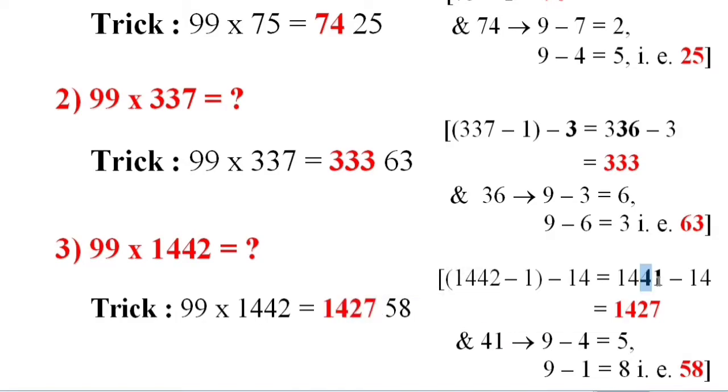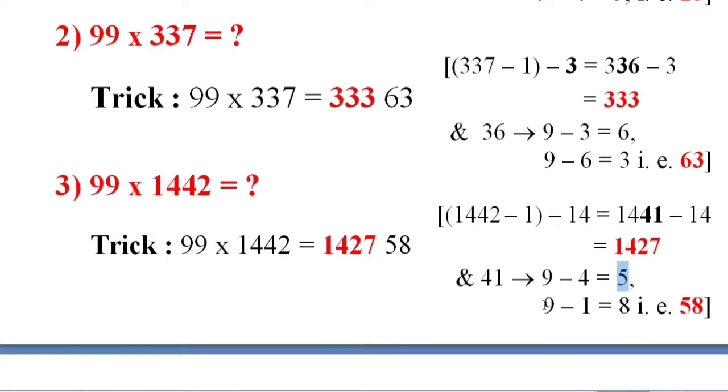This 41: 9 minus 4, this 4, equals 5, and 9 minus 1, this 1, equals 8. That is 58. Write down 58 besides 1427.